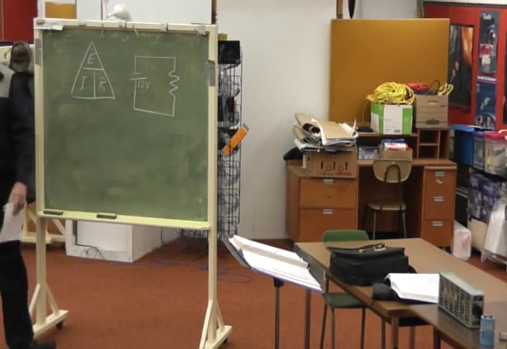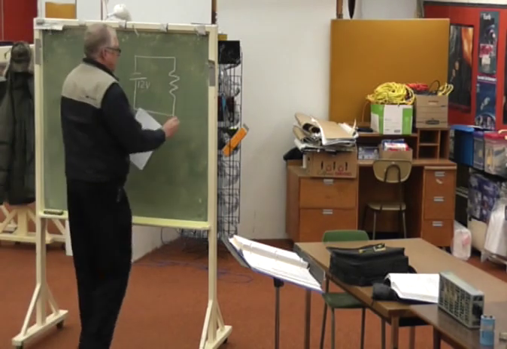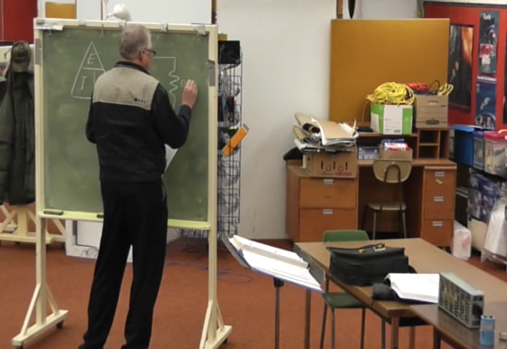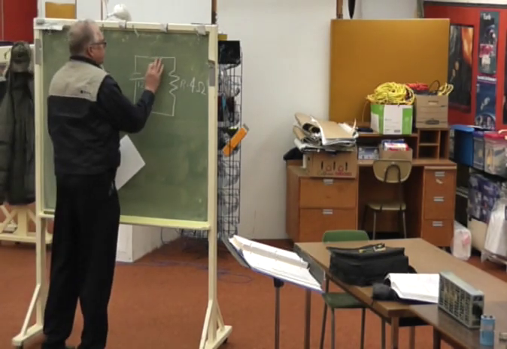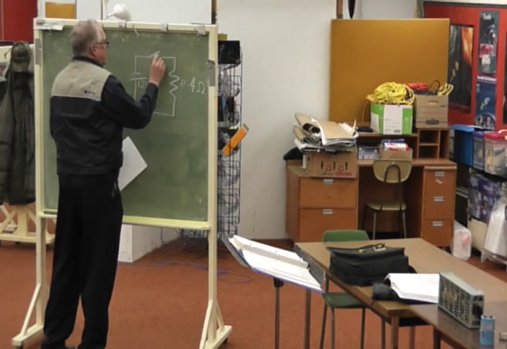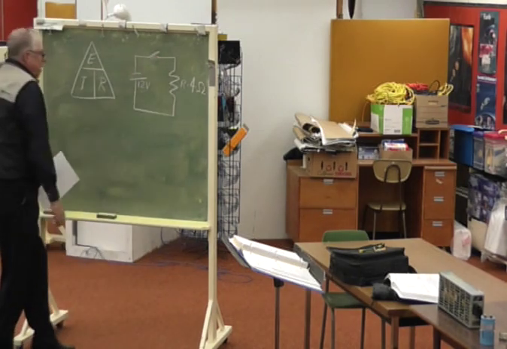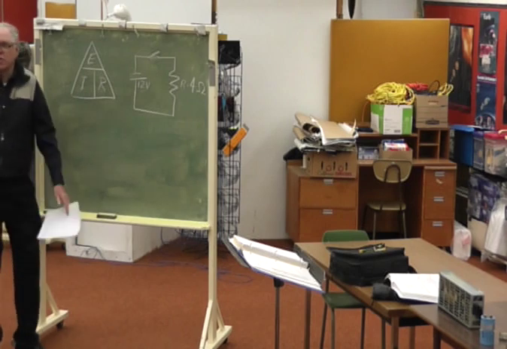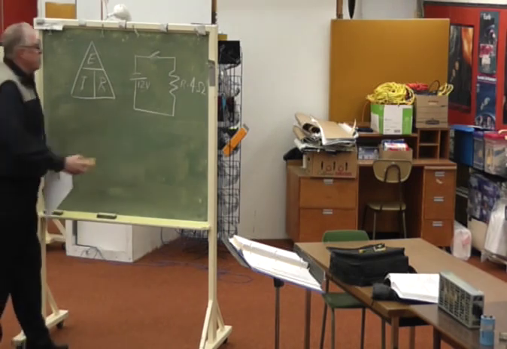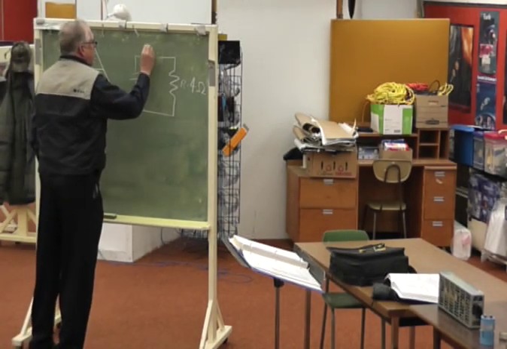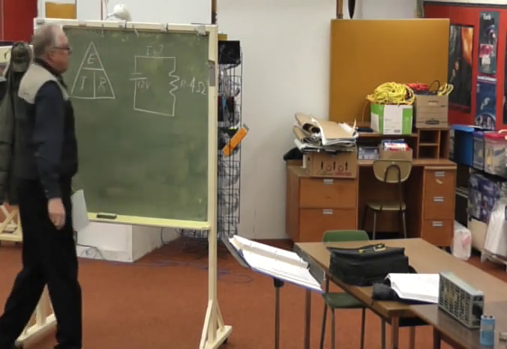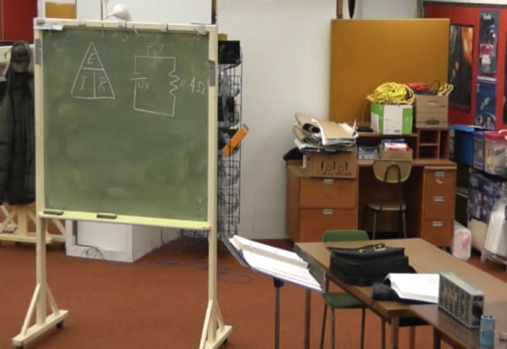Okay, I've got a 12-volt battery, a 4-ohm resistor. Oh, heck, what the heck, let's put in a switch. Now I haven't gone to all the trouble of drawing the switch. I'm going to turn the switch on. What's the current going to be through there?